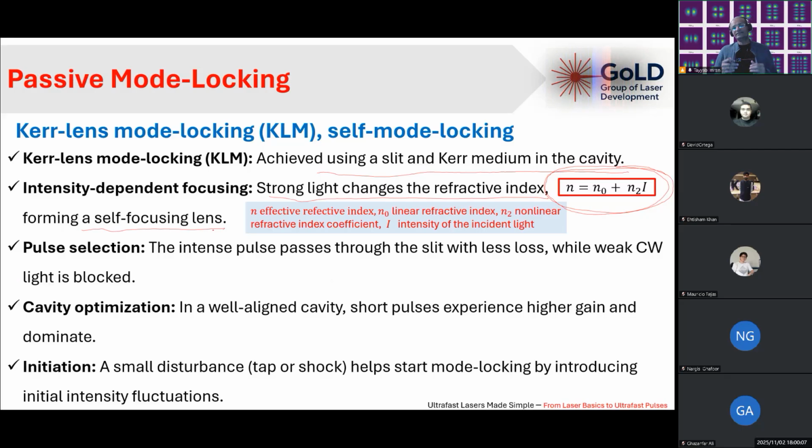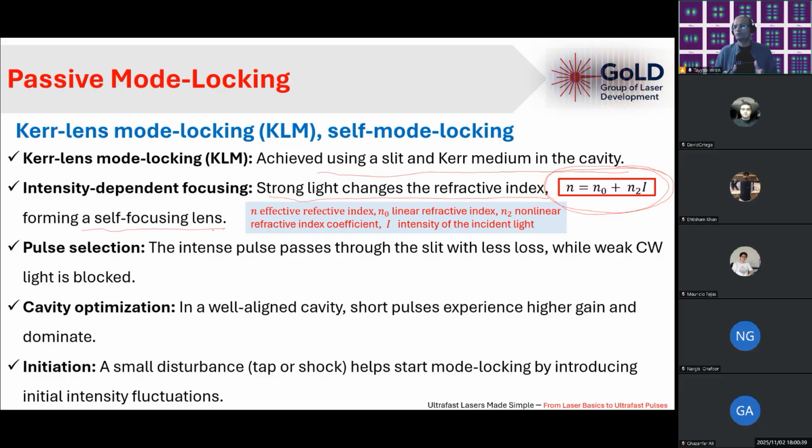So what exactly happens? A very intense beam passes through the gain medium and it focuses itself after passing through, because the light passing through is of very high intensity, and the gain medium through which this light is passing changes its refractive index because the light is very intense.